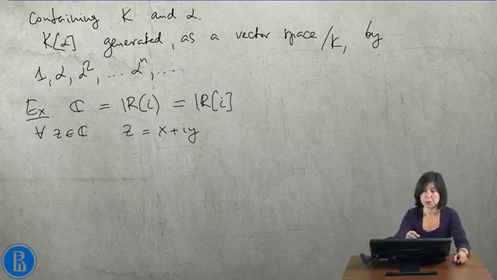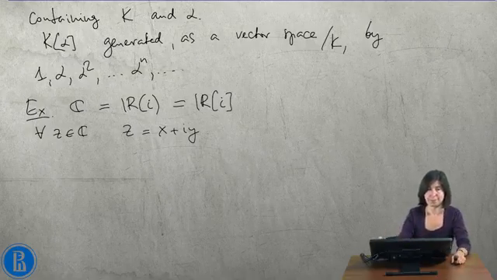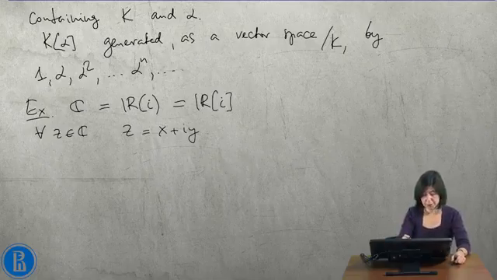So, of course, this is a vector subspace generated by 1 and i. And this is a general phenomenon.